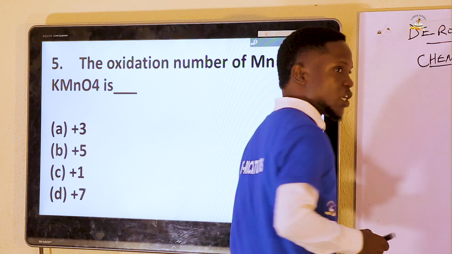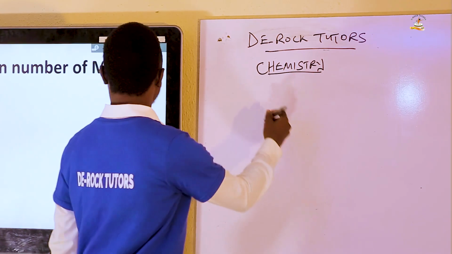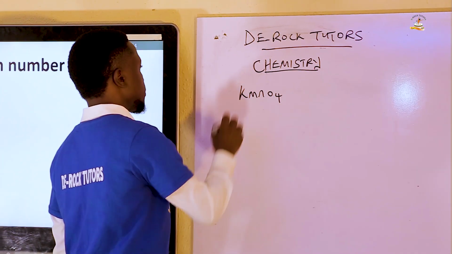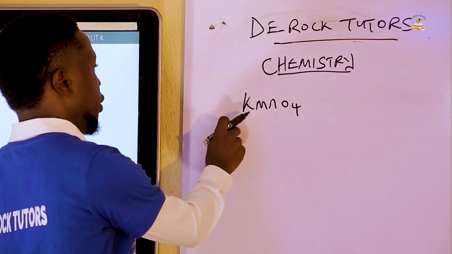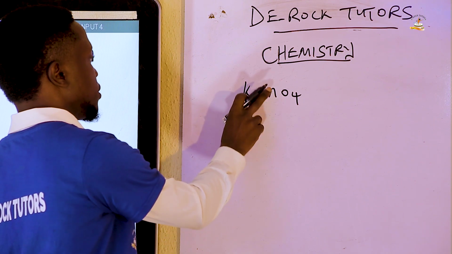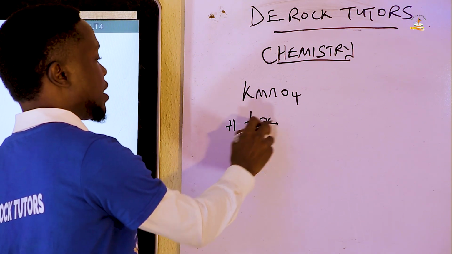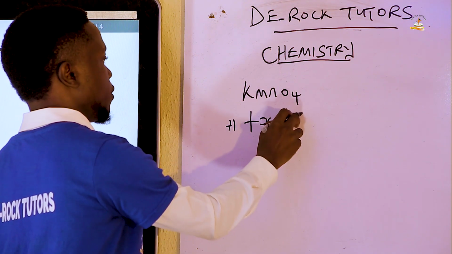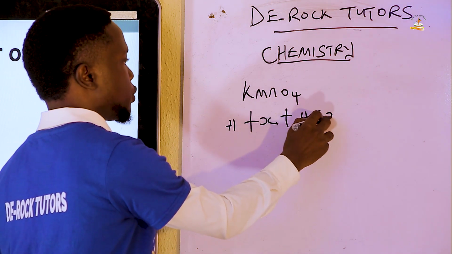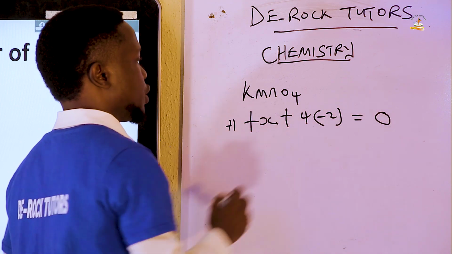So, to look for the oxidation number of manganese in KMnO4, the oxidation number of potassium is +1. Manganese that we are looking for, represent it as X, plus 4 into brackets. Oxidation number of oxygen is -2, equals to 0.